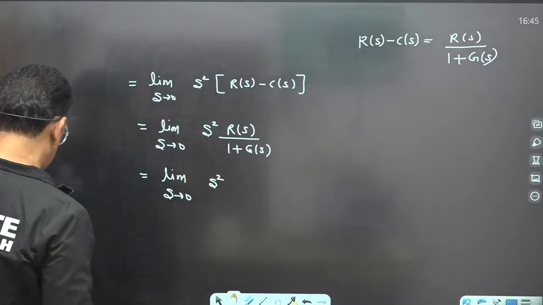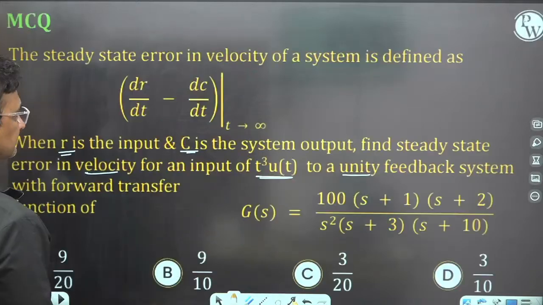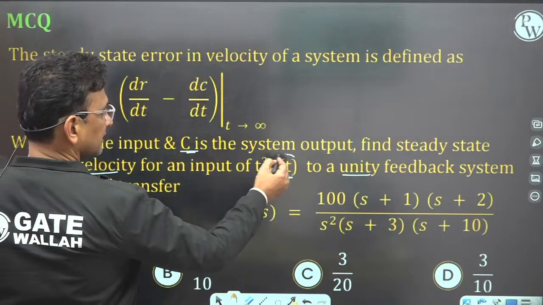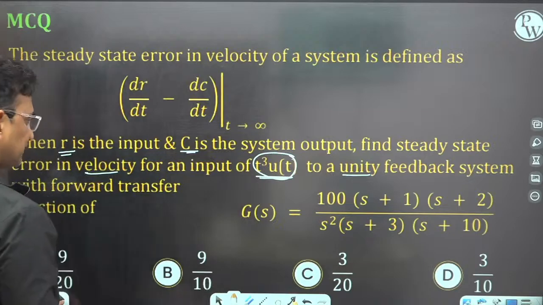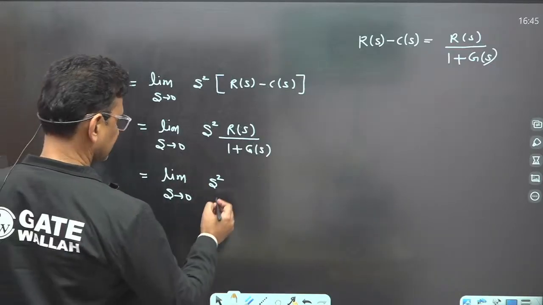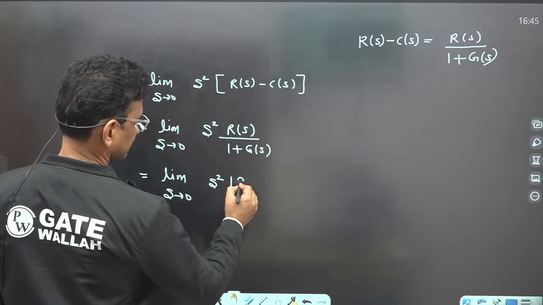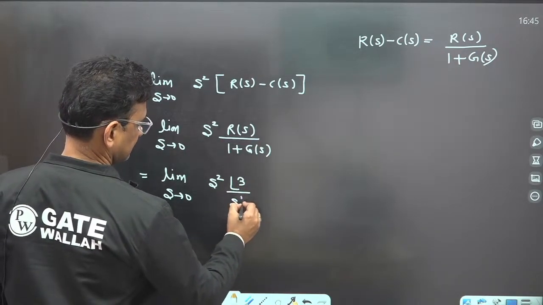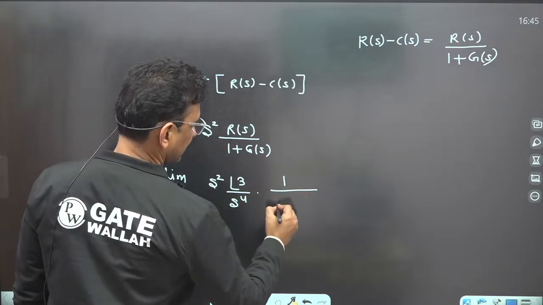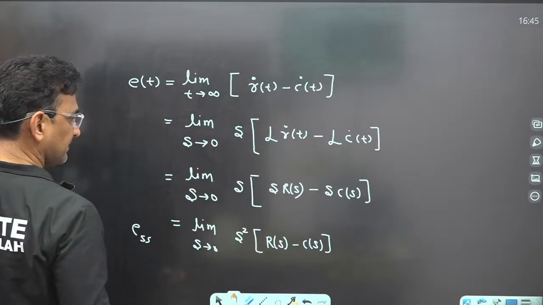What is the Laplace of the input signal? T square, that means 3 upon S4. Sorry, factorial 3 upon S4. One plus Gs.